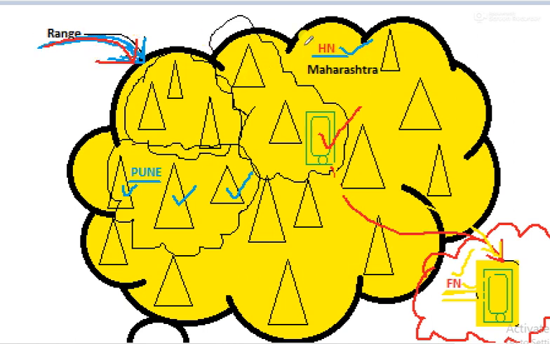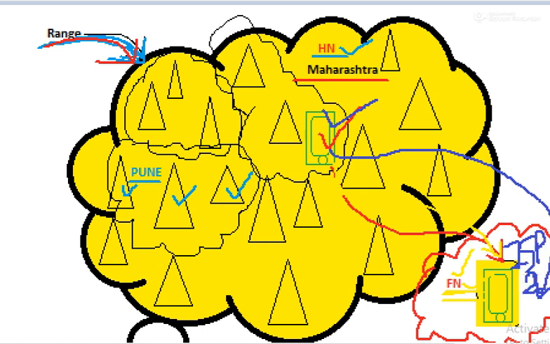The range can be limited to a state or a particular region. In our example, after some time this user has entered the foreign network, where another ISP's network is available and its own ISP's network is not available.